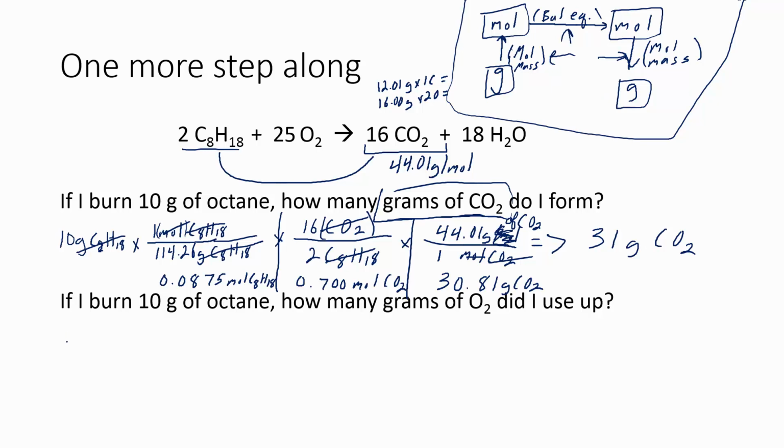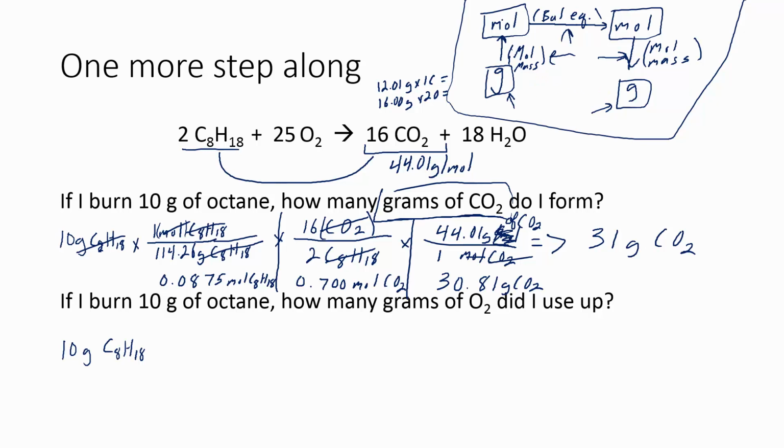So try this next one, pause it, and now we're back. So 10 grams of octane, C8H18. We want grams of oxygen that we used up. So we're right here right now, and we want to get to here. Can't go directly across, there's no bridge there.